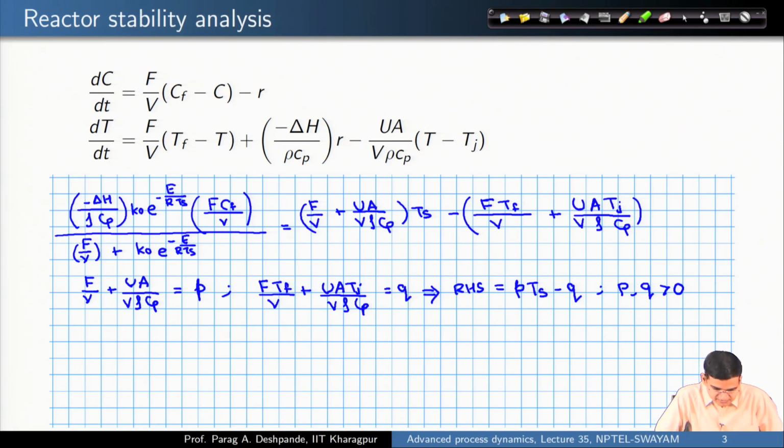Delta H. So, the left hand side now, minus delta H K 0 F C F upon rho C P V. Let me call this A. Okay.